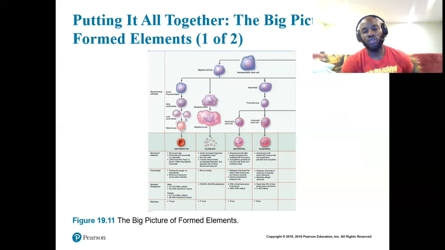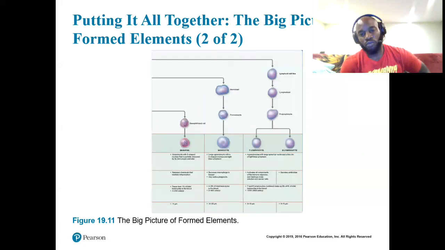Remember, there's the granulocytes and the agranulocytes, the neutrophils, the eosinophils, the basophils, the monocytes, and the T and B cells, which are the lymphocytes, right? So these are how all these are formed.